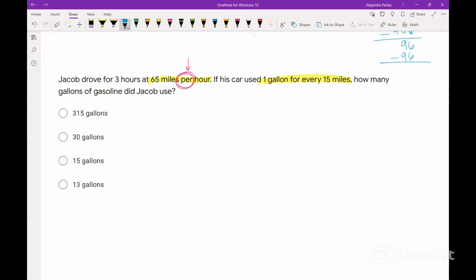So your final answer has to be gallons. So we know that in the end, we're looking for gallons. In order to figure out how many gallons, it's 1 gallon gives you 15 miles. And you're wondering how many gallons, but you don't know the total number of miles that you drove.